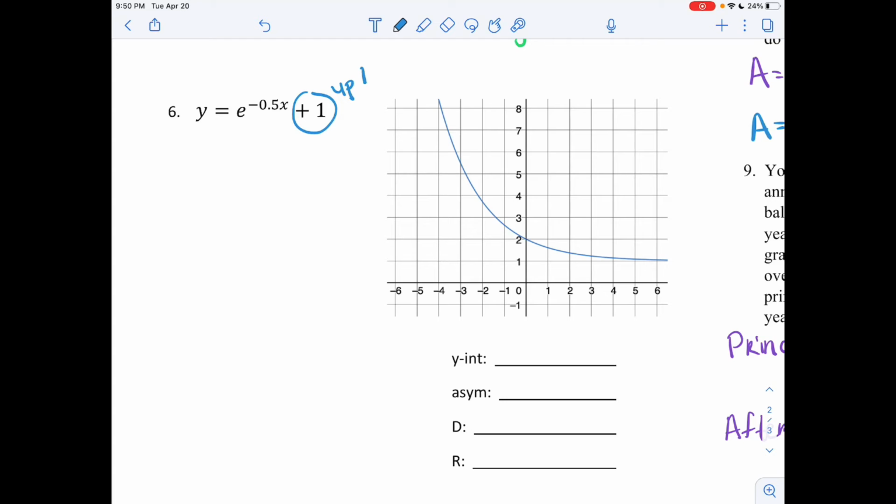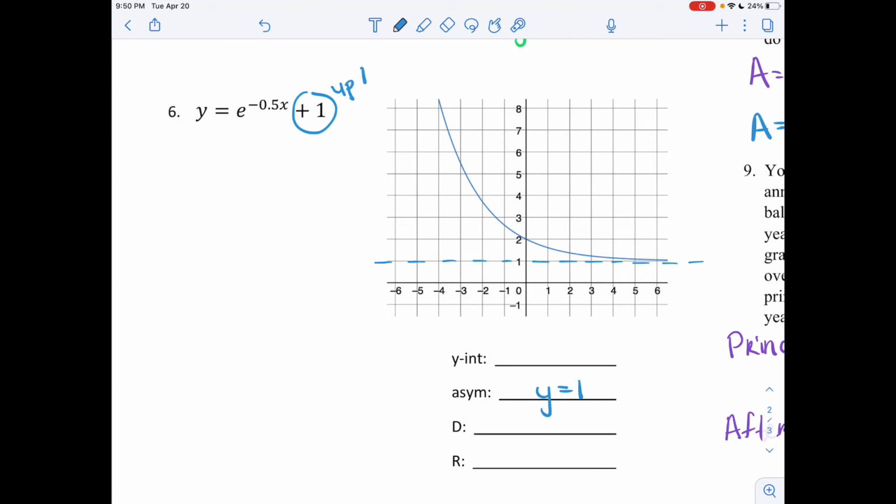So we've taken our entire graph and shifted it up by 1. So that means that now we don't have an asymptote at a y value of 0, we're going to have an asymptote at a y value of 1. So everything we've talked about up to this point is going to get a +1 added onto it.